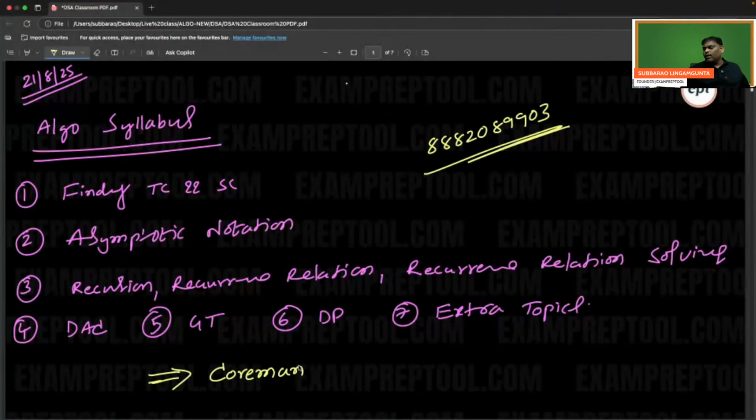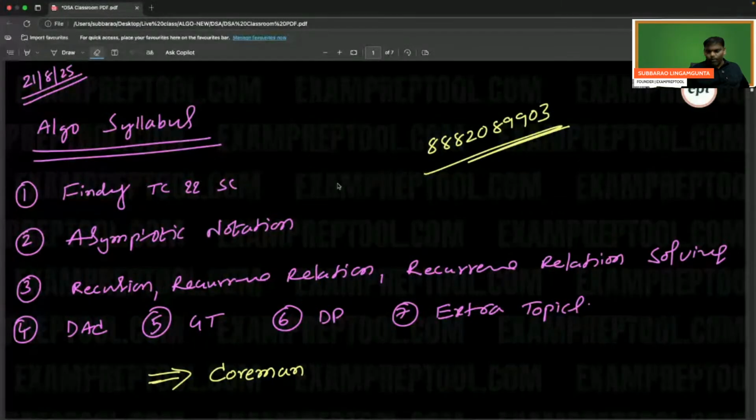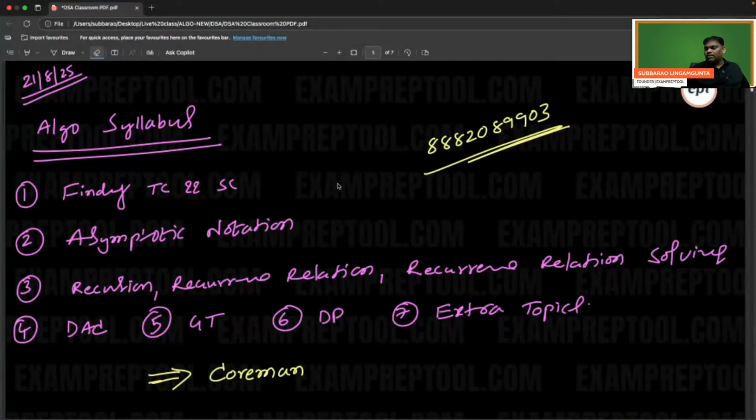You cannot study the entire subject from it because it contains approximately 1500 pages. Whatever topic I teach, if there is a doubt, ask in the class, or in our group. If you still have doubt, refer to Cormen for only that topic, and you will get clarity.